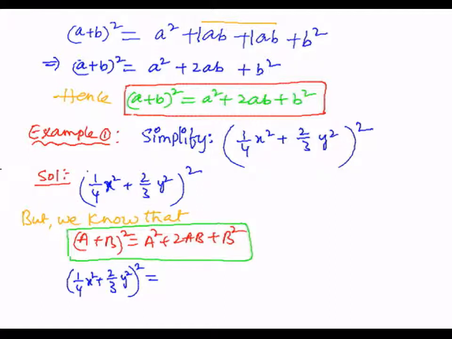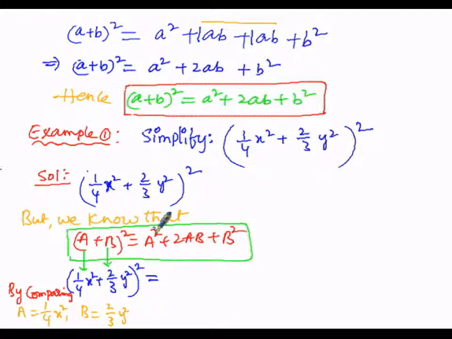By comparing the terms, here by comparing we get A must be replaced by 1 by 4x square and B must be replaced by 2 by 3 y square. Then the right hand side will be A square.